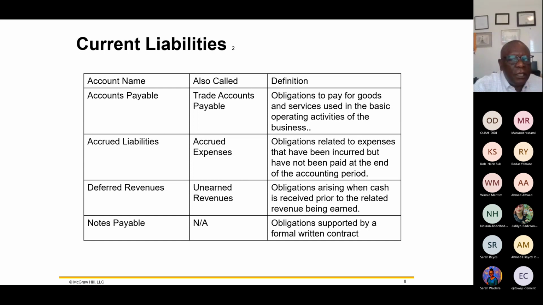Maybe as at yesterday, you look at a company's balance sheet. Under current liability, there was no account payable. But all of a sudden, as at today, we are checking the company's balance sheet under liabilities, and then we see account payable. Then the question is, how did the account payable come about?